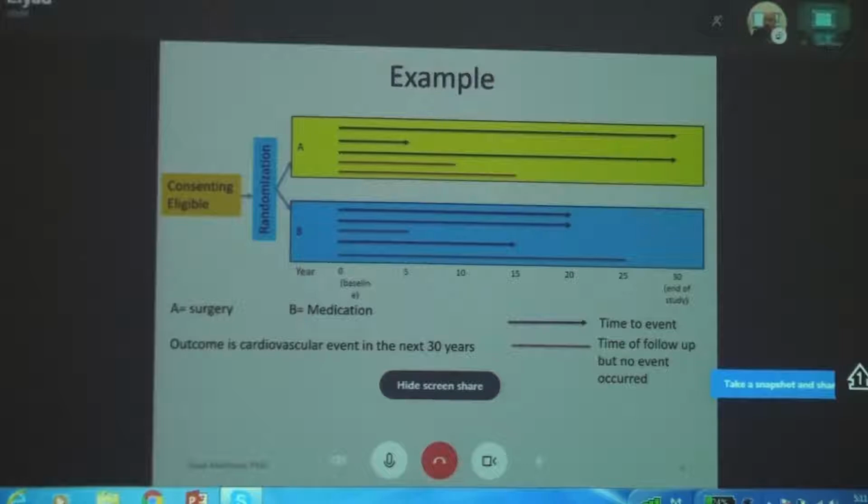Among those randomized to arm A, 3 had the event, the black arrows, and 2 were censored, so they were followed but no event occurred. In the other arm, arm B, you also had 3 patients with an event within the 30 years, and 2 were censored.